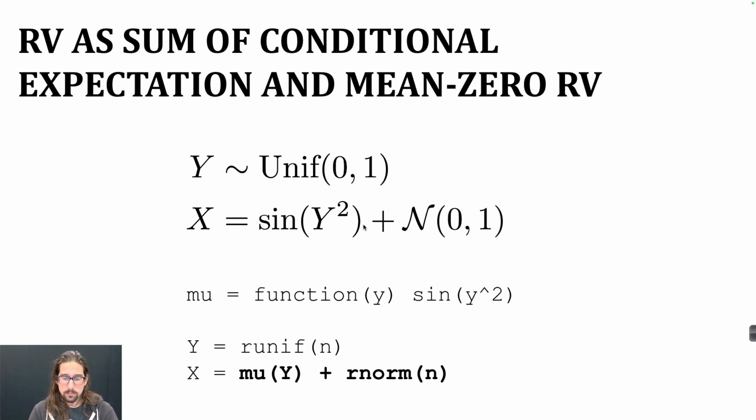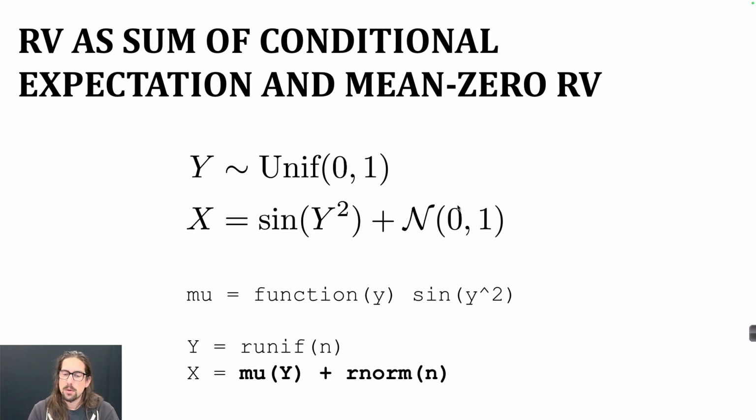This is a very common way that people write simulations. We already saw from factorization of density that you can write each part of the density. That's what the structural equations thing is doing. You're saying marginally, what's the distribution of y? And then conditional on y, what's the distribution of x?